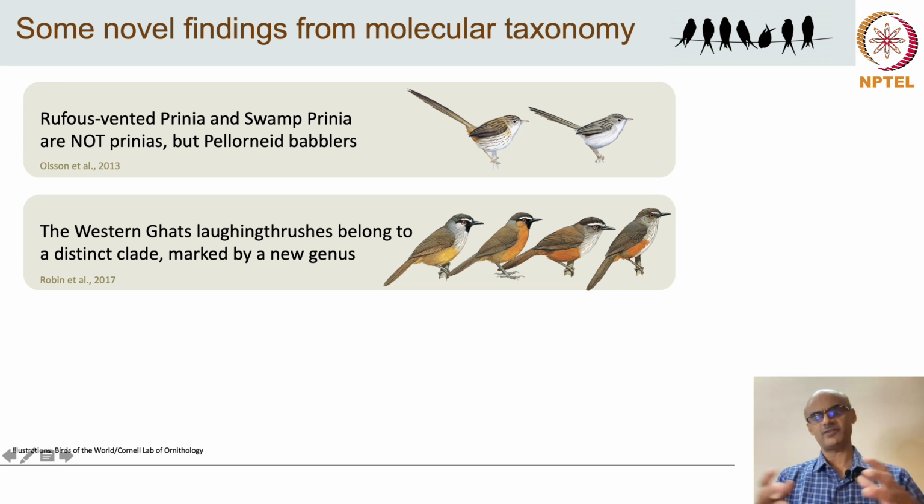They occur in flocks, and they are called laughing thrushes because they make a very cacophony of calls and laughter-like cackles. So we have 4 species of laughing thrushes along the Western Ghats. In fact, there were 3 species, but now they were found to be 4 species.